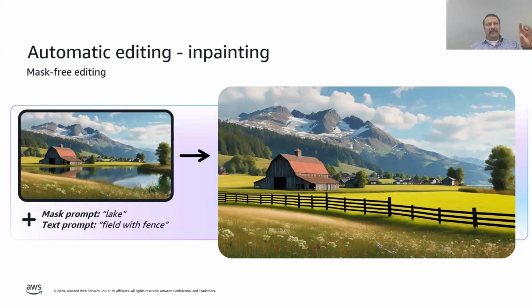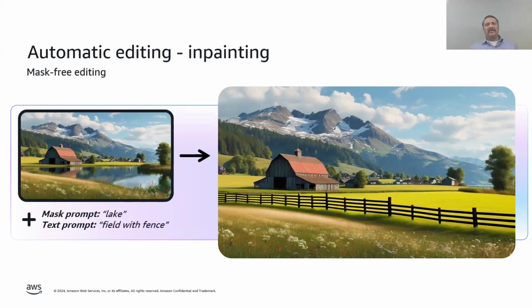This model maintains the original image style, lighting, and perspective while seamlessly adding the new elements into the picture. If you look at the prompt, we have a separate parameter called mask prompt that you can use to specify the place where you want to make changes. Unlike traditional mask-based editing, Canvas provides mask-free editing, so you have complete editing control through the mask prompt.